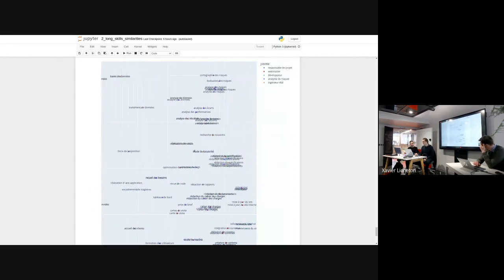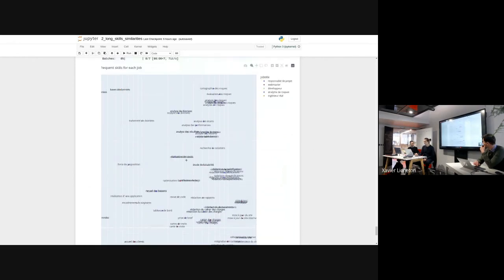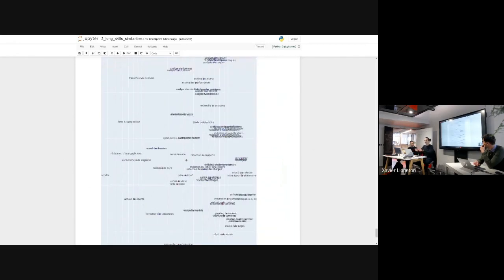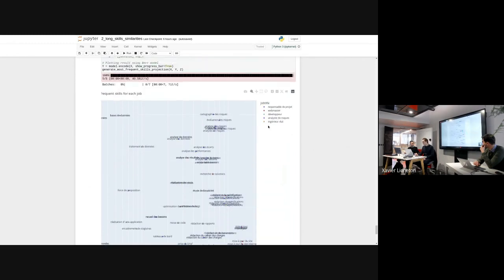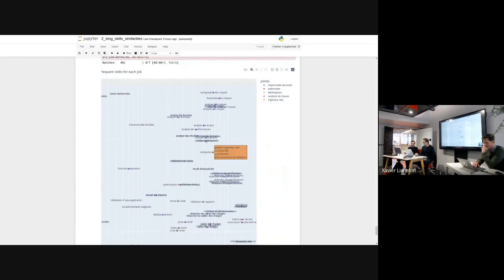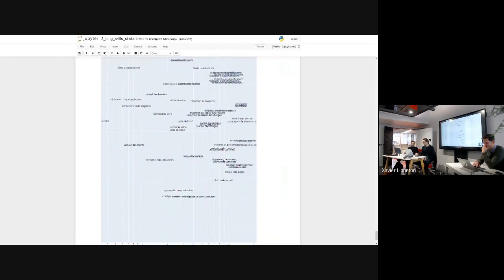But things like traitement des données is something that the R&D engineer does, same for base de données. Analyse des performances is something that the responsable de projet does, etc. This makes sense to me given my shallow knowledge of these jobs, and things are pretty well grouped up.